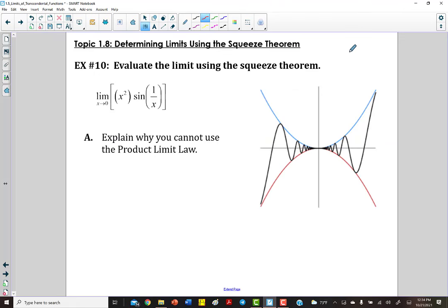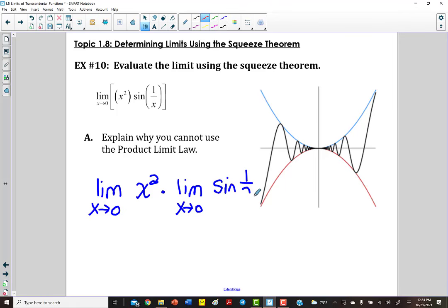Then our very last example is looking at the squeeze theorem. So we want to explain why you can't use the product limit law. Well, the product limit law, we could say the limit as x approaches 0 of x squared times the limit as x approaches 0 of the sine of 1 over x can't be used because this limit doesn't exist.